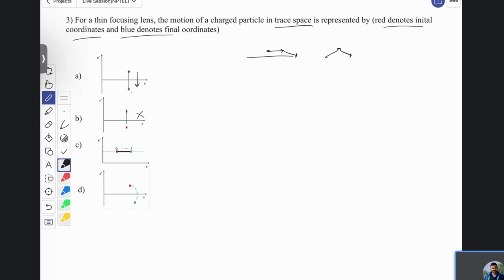This one also cannot be true, because here the slope doesn't change at all, and here the slope changes but x is also changing, so this is not for a thin lens. So this is true only for the thin lens.